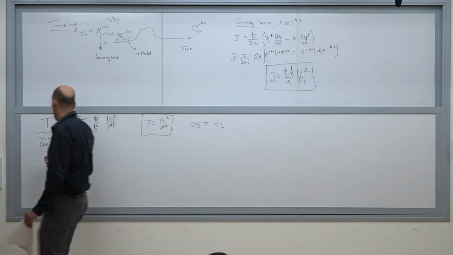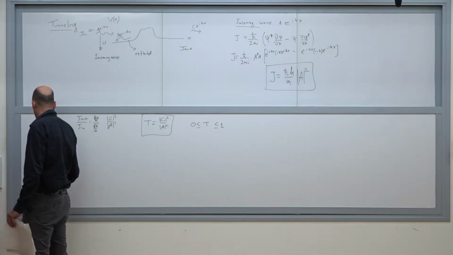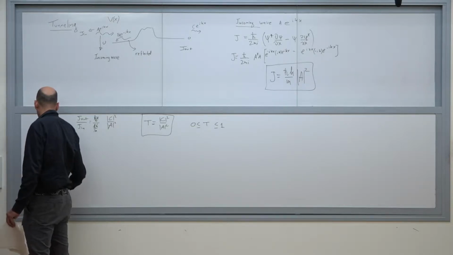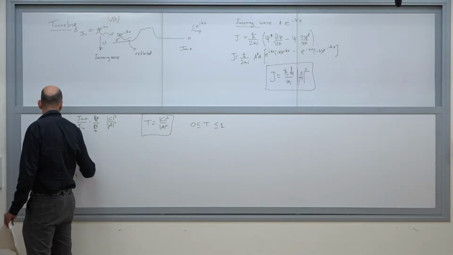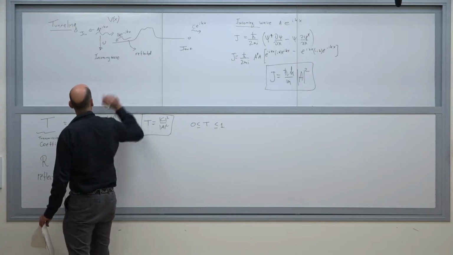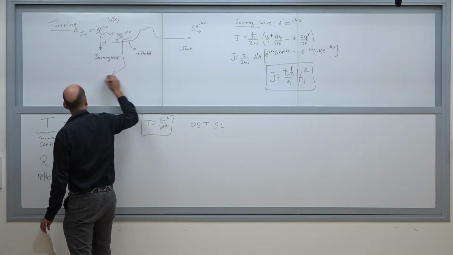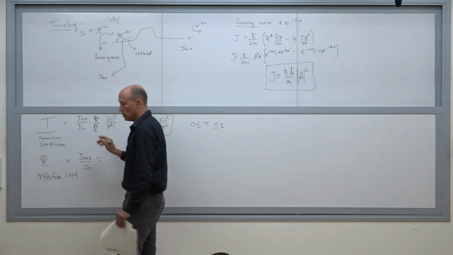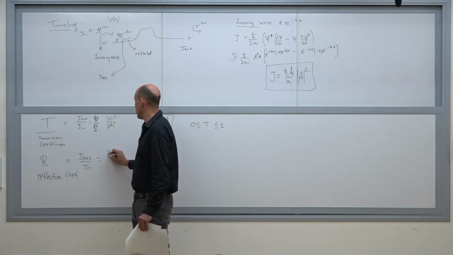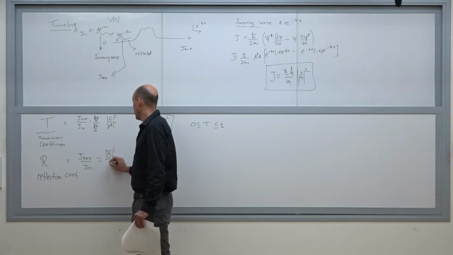Similarly, we define the R, which is the reflection coefficient or probability. This is J reflected over J in. And J reflected, well, you understand, I think, by now, this is equal, under the same conditions, to B squared over A squared.